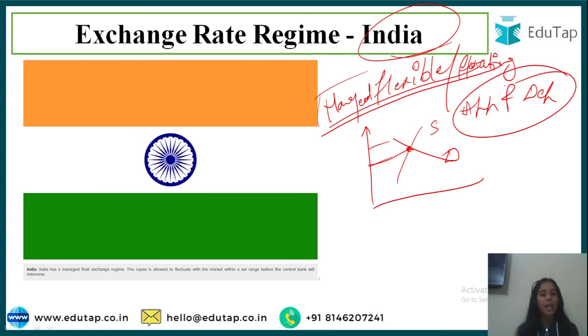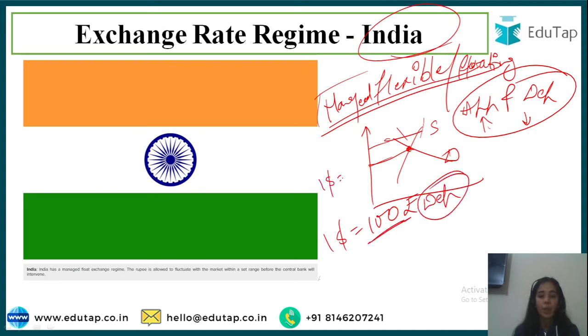But no, it is not purely so, because we are letting it float, appreciate or depreciate, but only to a set range. If it is depreciating to this much, like let's say it is $1 equal to 50 rupees.